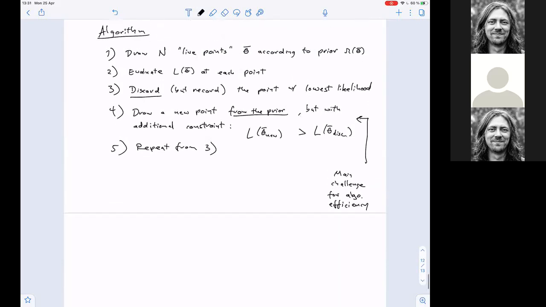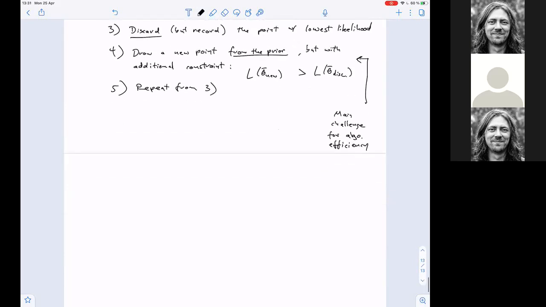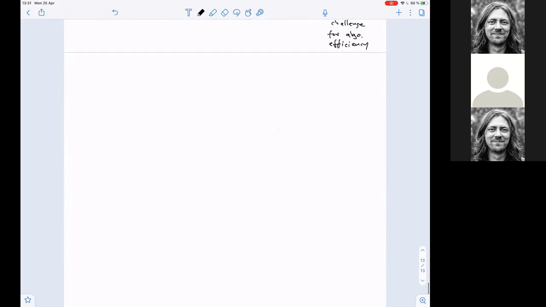So that's the algorithm, and the reason why you need to keep track of the discarded points is that it's the discarded points that form this ordered set of likelihood values. Because you always discard a likelihood value that is lower than the next one you'll discard.